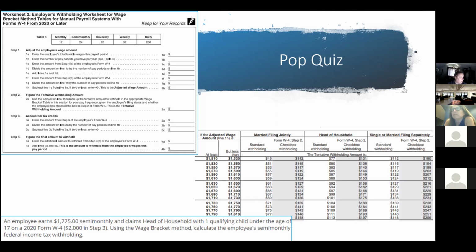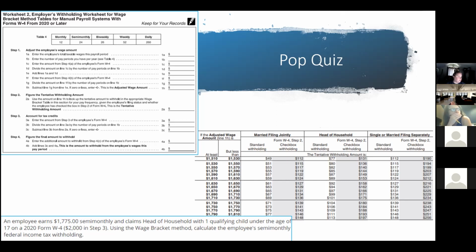Okay. Then we're going to divide. Oh, so 1C is also 0 because we're dividing 1C by 1B. Then we're going to add lines 1A through 1D, which is just going to leave us at 1,775.